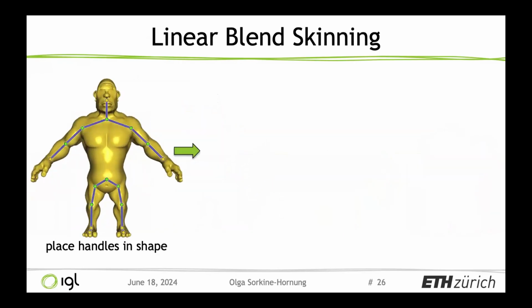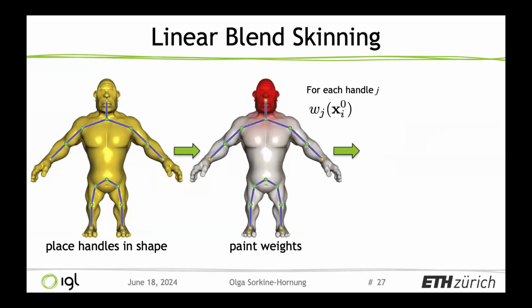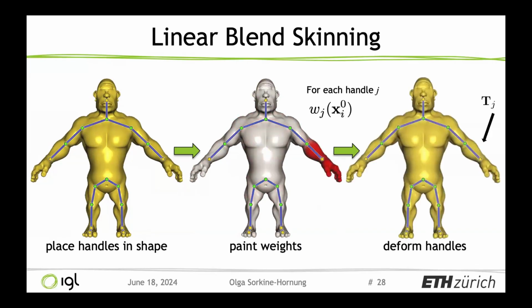So how does it work? First, someone, the user or an algorithm, places these handles on the shape. Then there are weights computed, or normally in the industry, they're just painted by hand. You have these weights for each handle. These are numbers between 0 and 1 over the entire surface of the shape that say how much that handle affects each point on the surface of the shape.